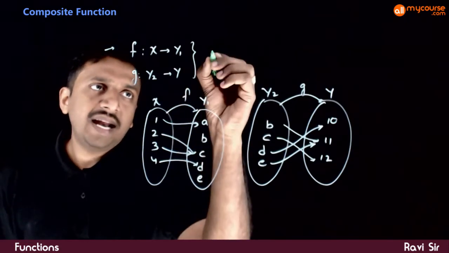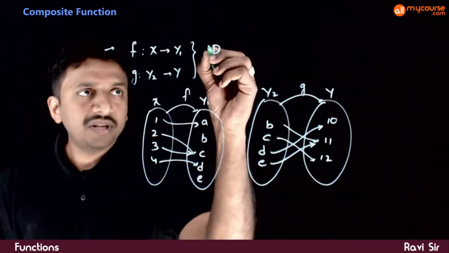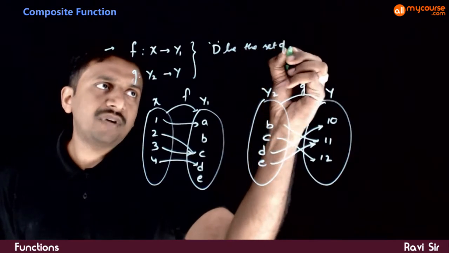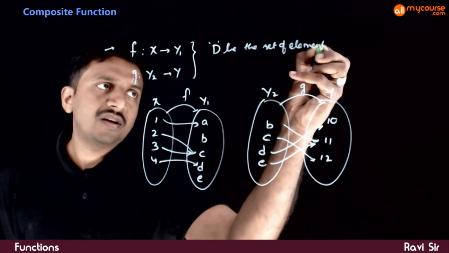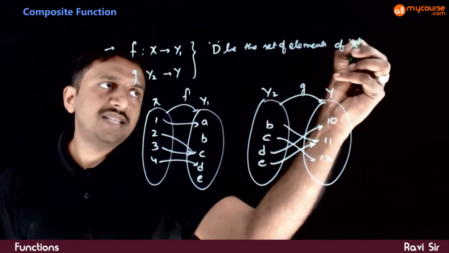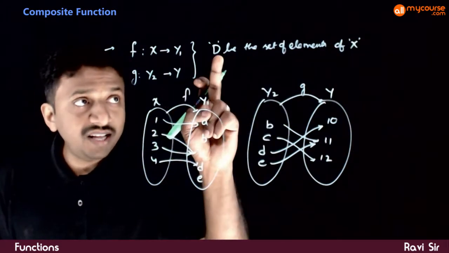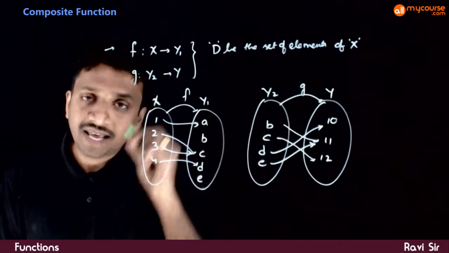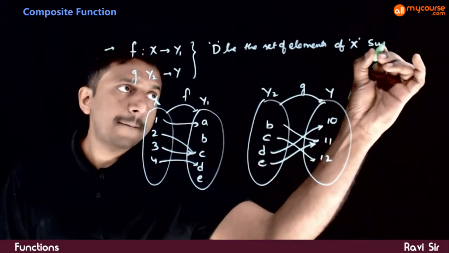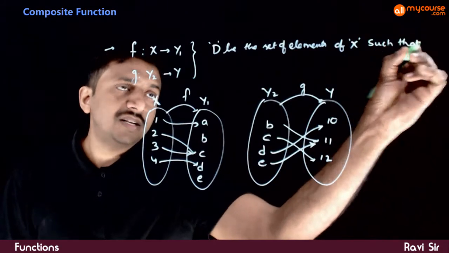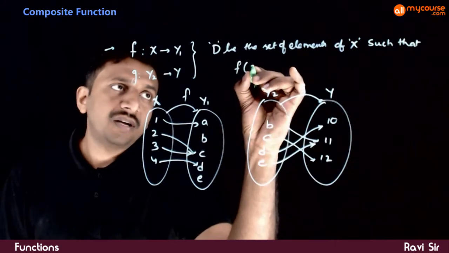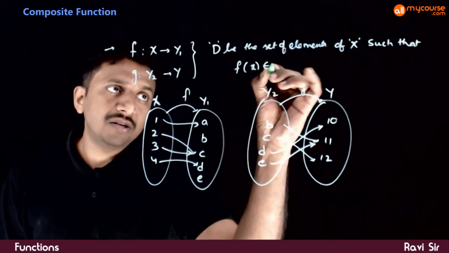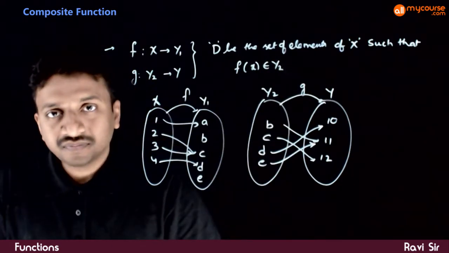Now let D be the set of elements of the set X such that f of x belongs to the set Y2.